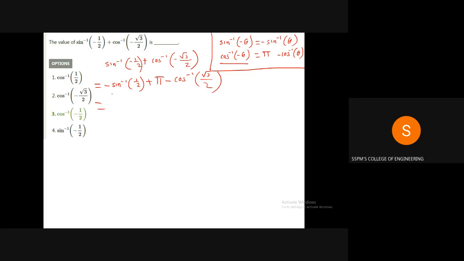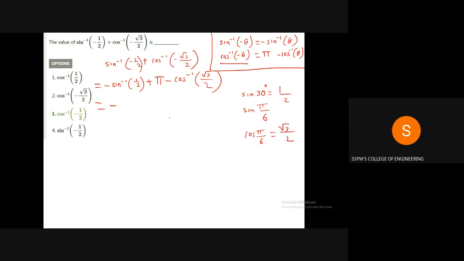So what is sine inverse half? We know that sine 30 is equal to half, so sine inverse half is pi by 6, since 30 degrees means pi by 6. Similarly, cos pi by 6 has value root 3 by 2.